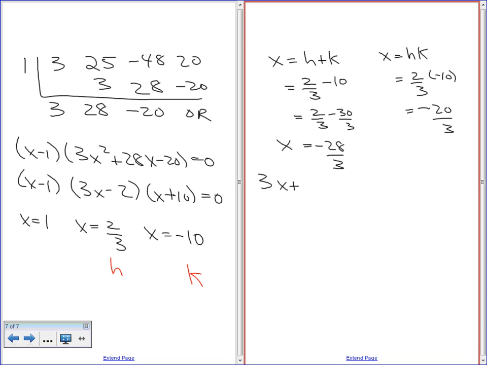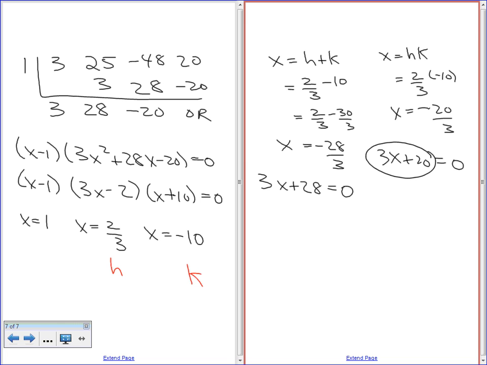Awesome. Okay, so if I solve 3x plus 28, the positive comes to the other side, becomes a negative, divide by 3, I get that answer. Does that make sense? So what would the other one be? This one here would be 3x plus 20.